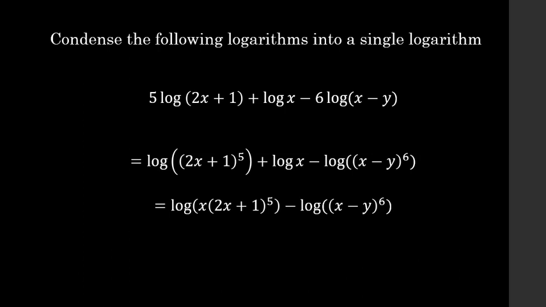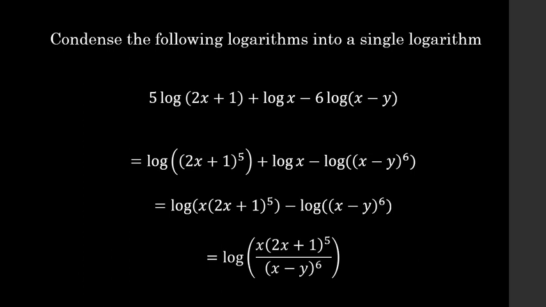Going back to our 3 properties, the difference of the logs is equal to the log of the quotient of what was inside of those 2 things. So I can take this thing and rewrite it as such. Log of x times 2x plus 1 raised to the 5th power divided by x minus y raised to the 6th.